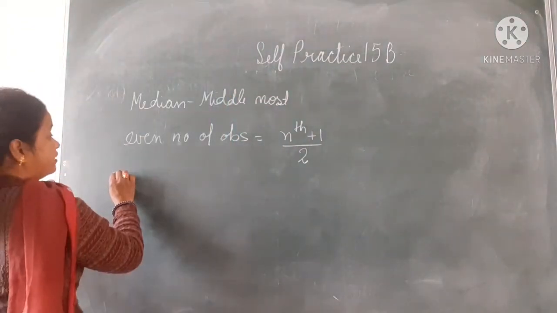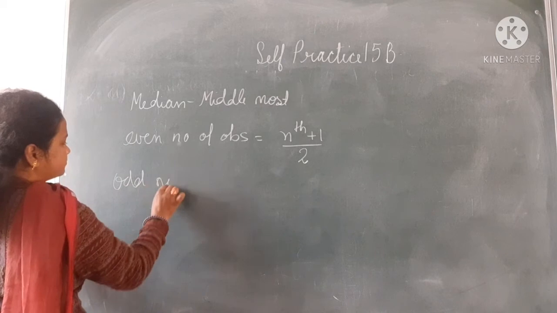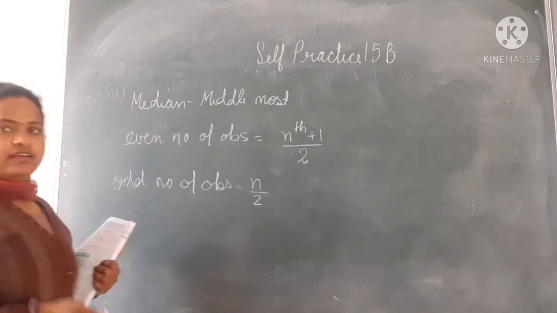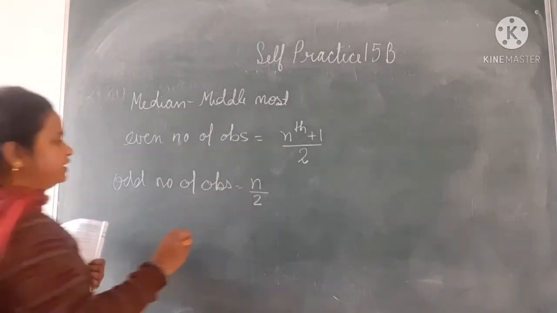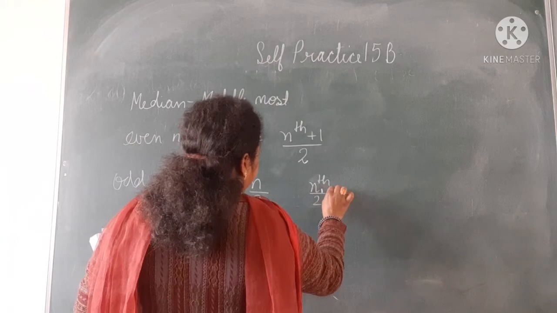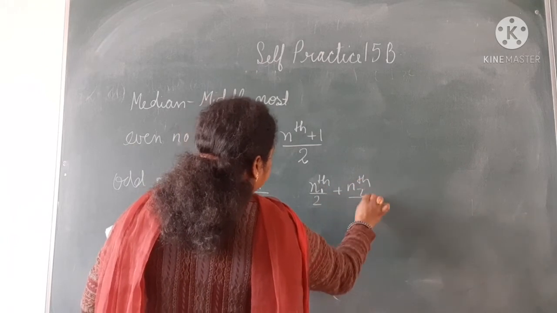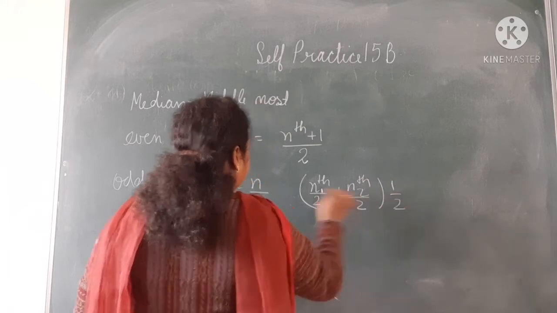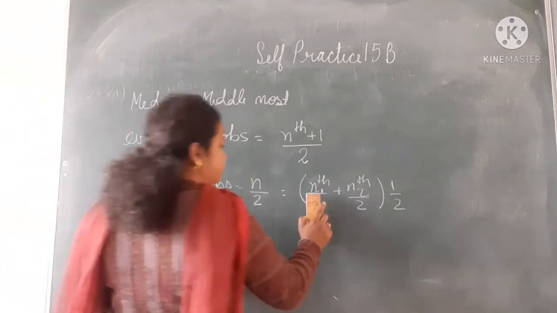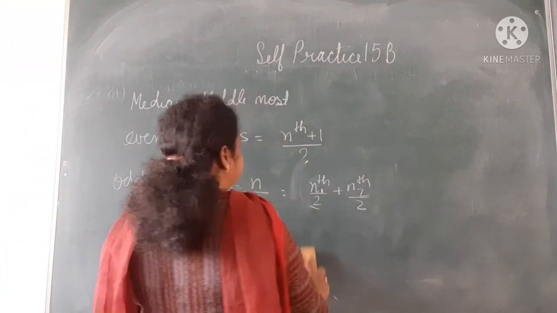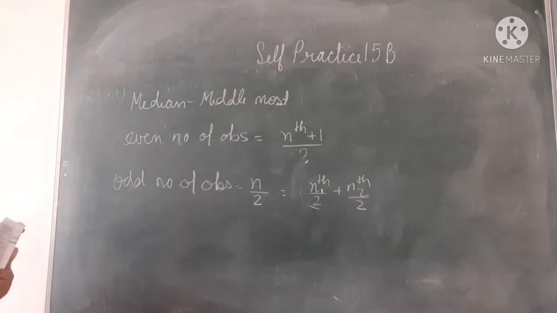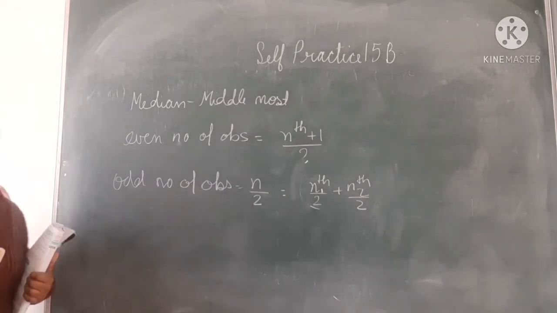And when it is an odd number of observations, you do n by 2, then take the (n/2)th term plus the (n/2 + 1)th term, and divide by 2. This is the case of the median.